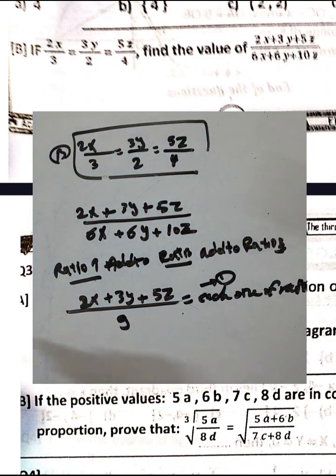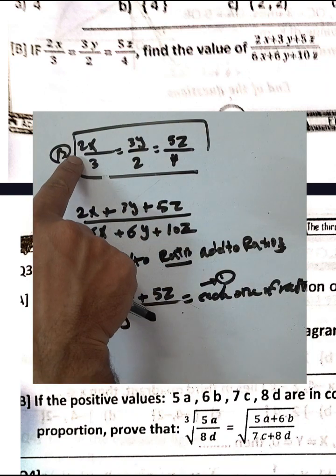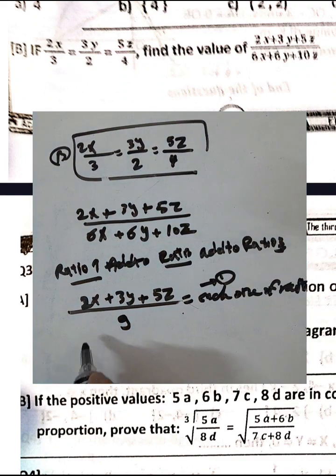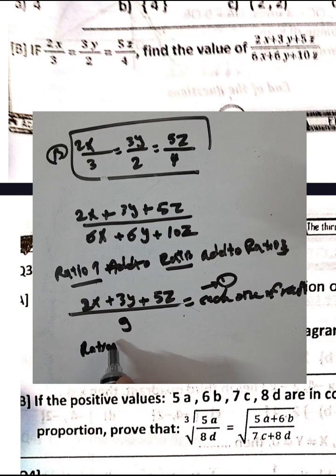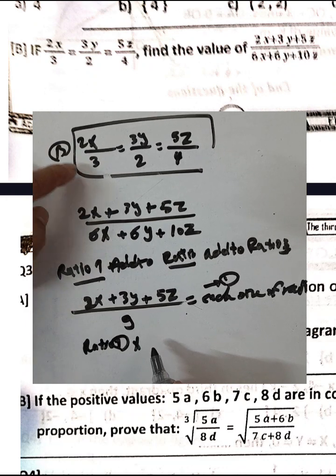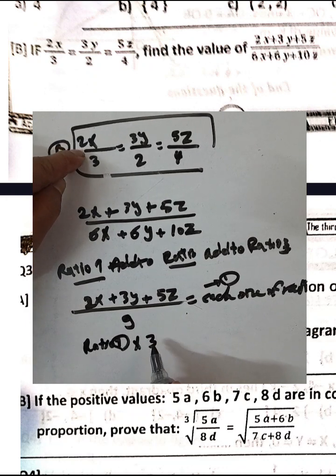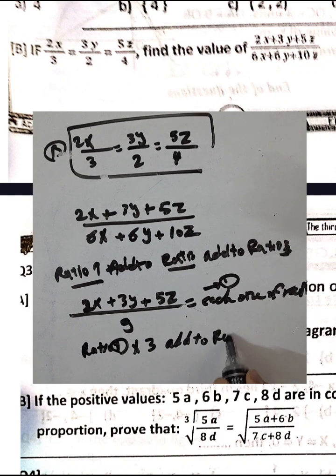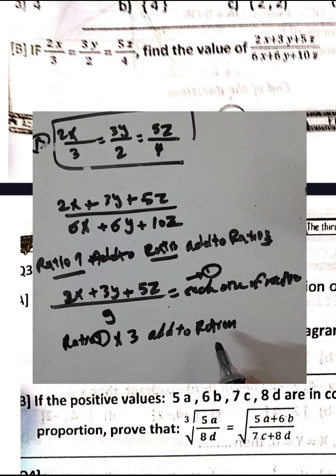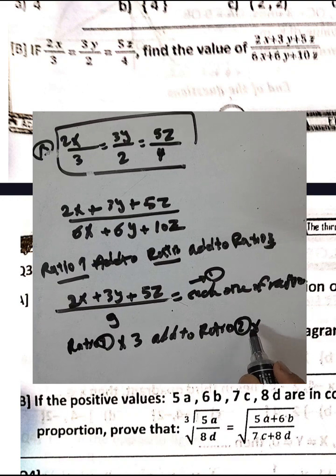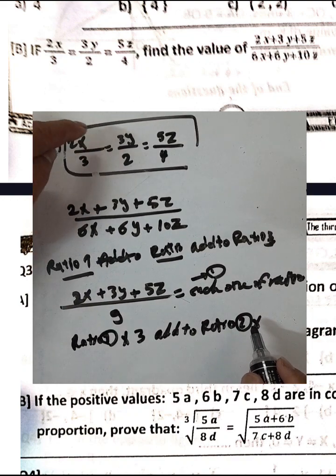We can find this by multiplying the first by 3, the second by 2, and the third by 2. Ratio 1 multiplied by 3: 2x becomes 6x. Ratio number 2 multiplied by 2, because 2 times 3 equals 6.